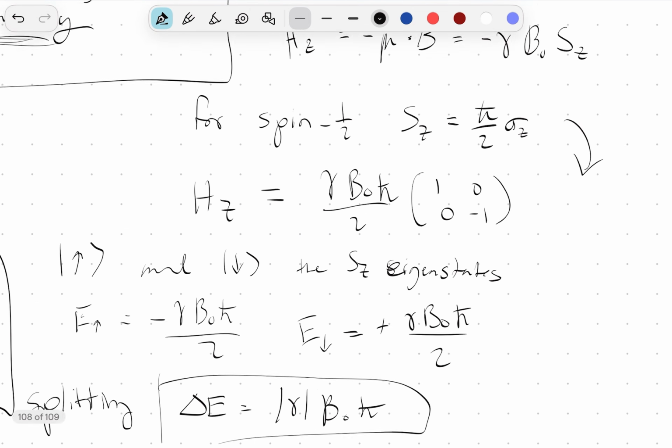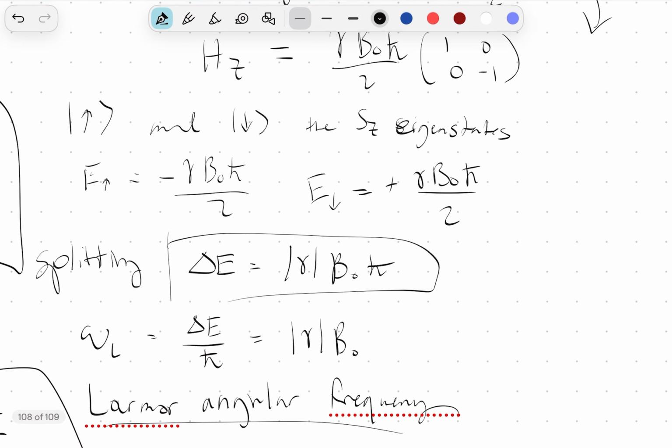And so those two states are going to drift apart in energy. And that's exactly what's happening here.